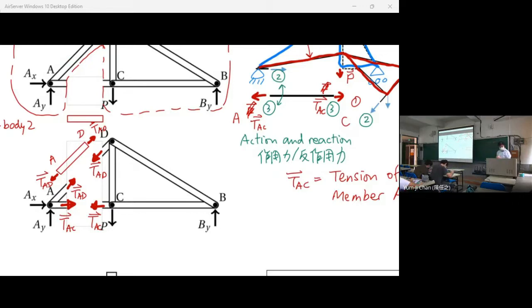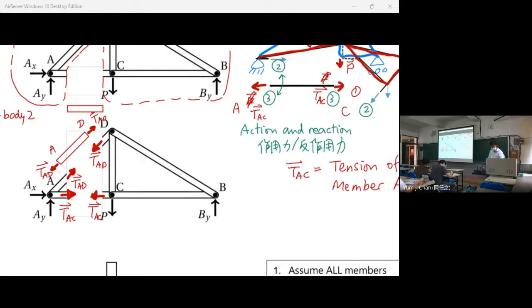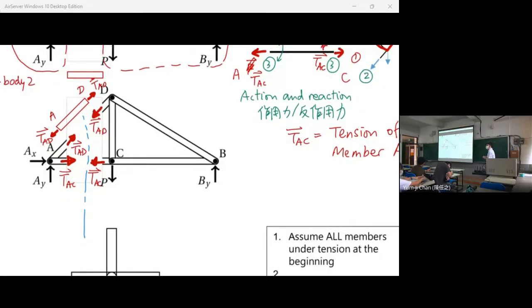Now we can see these two are now separate. What should we do here? These two are divided into two sides.